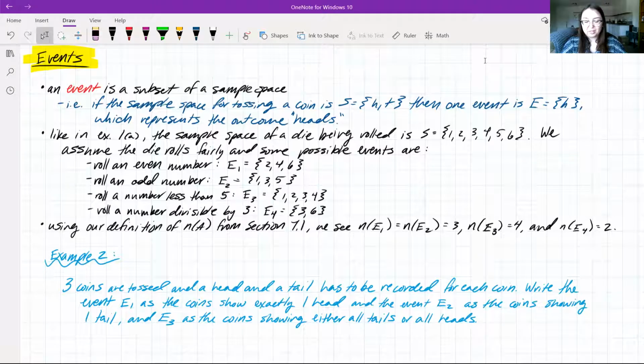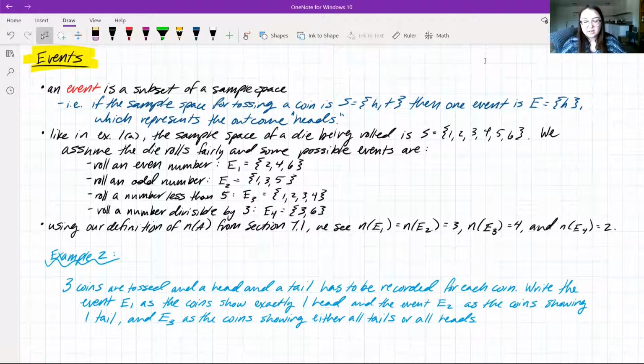It's going to be our fourth event, and this will be the set of 3 and 6. So using our definition of n(A) from section 7.1, where we use this to count the number of elements in our set, we're going to see that n(E1), our event 1, which was rolling an even number, is going to be equal to n(E2), which is rolling an odd number, and those are going to equal 3, since there are 3 elements in each of those sets.